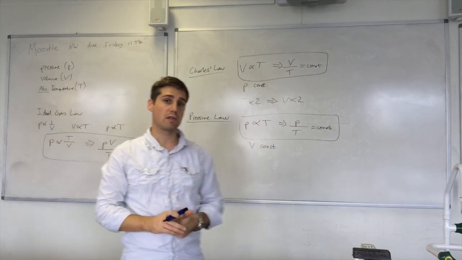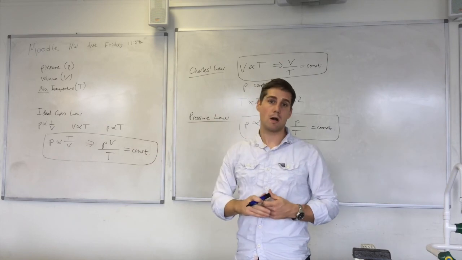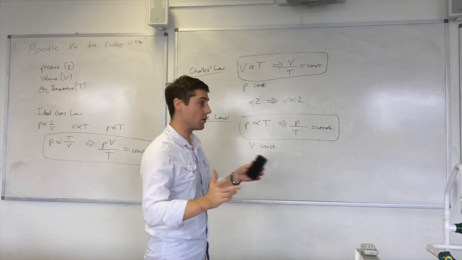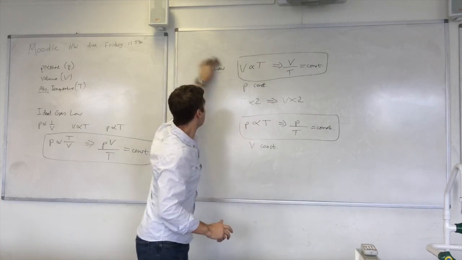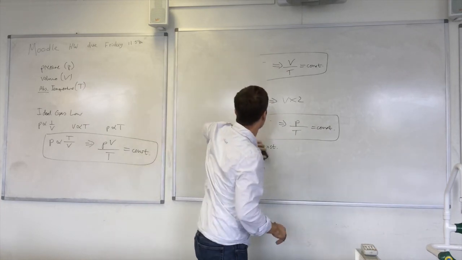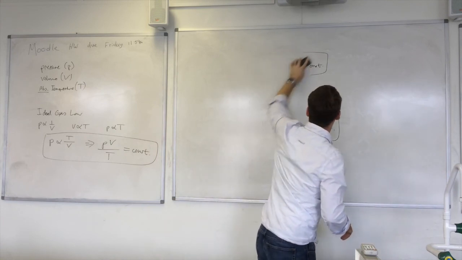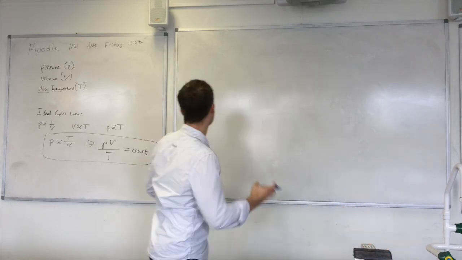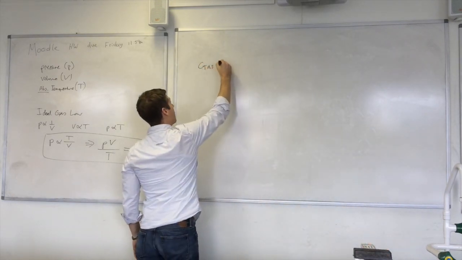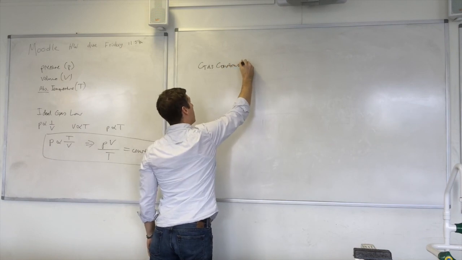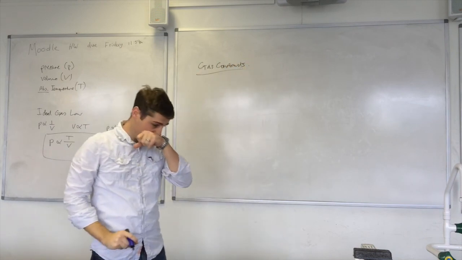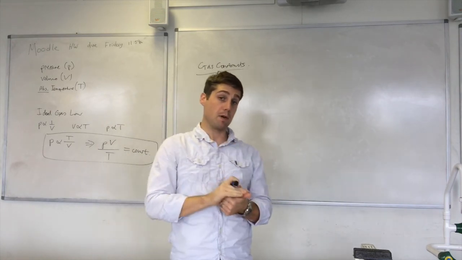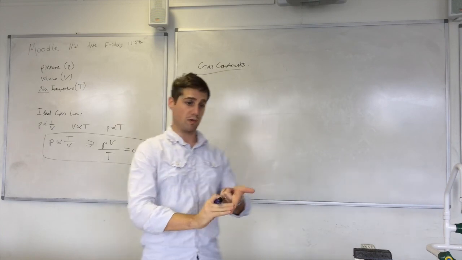The gas constants from that relationship are experimentally determined. Now I said constants plural because there's two ways of looking at a gas: the amount of gas that you have. So for our gas constants, for the amount of gas you're looking at, you can think about it in terms of how many moles of gas you have, or how many molecules you have.